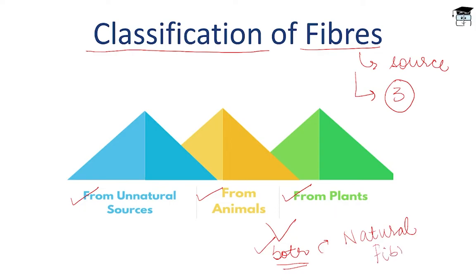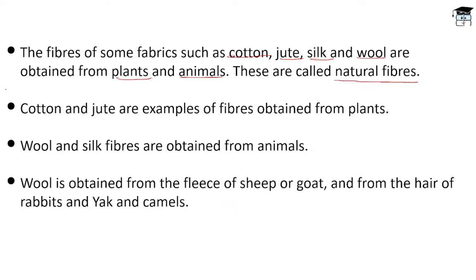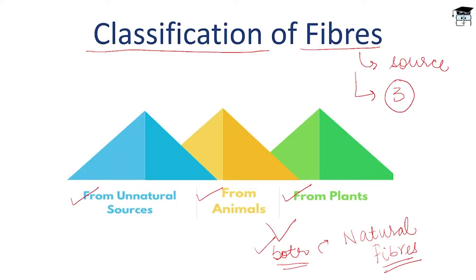Now, cotton and jute are examples of fibers obtained from plants. So now we have examples of this category also. What are the examples? Cotton and jute.